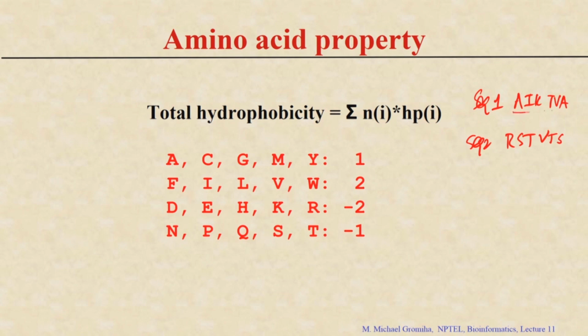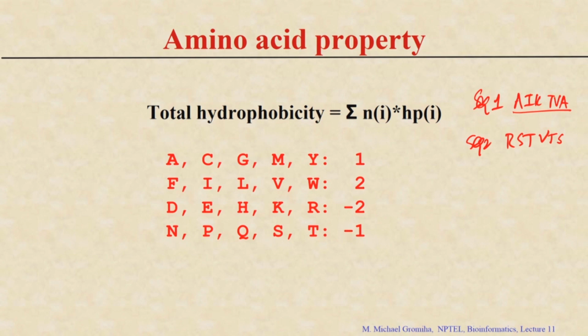If you see this sequence number 1, we have values for the 20 residues. For example, hydrophobicity: the 20 different amino acid residues have 20 different values, and likewise polarity, or charge, or tendency to form hydrogen bonds. Which residues have a higher tendency to form hydrogen bonds?